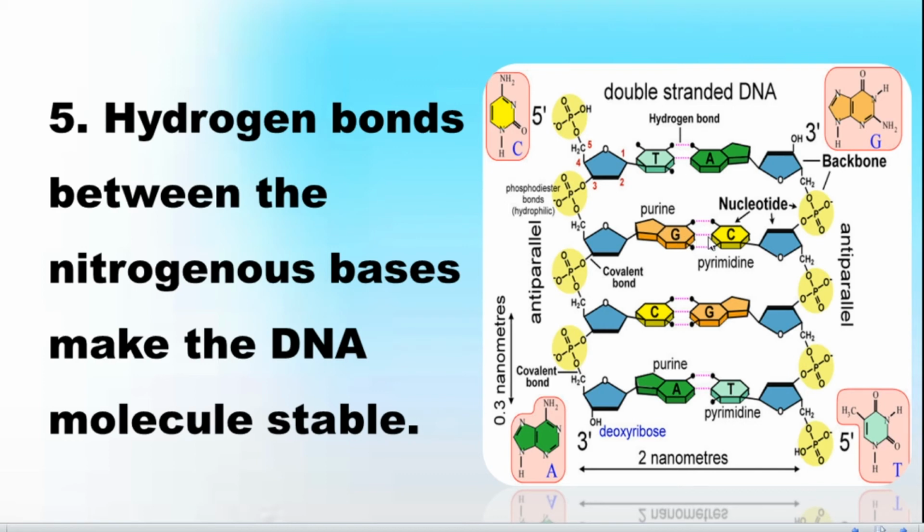Guanine always pairs with cytosine, not thymine. Thymine is also a pyrimidine, but that pairing is not possible. So guanine always pairs with cytosine.